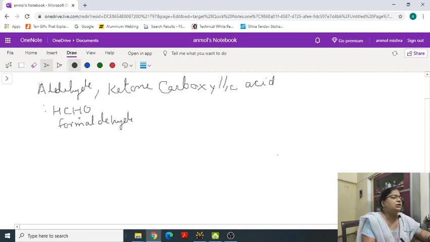Now, the carbon of the functional group is also included in the long chain. So, this is carbon 1. So, for carbon 1, we will write down methane, and e will be eliminated and the suffix -al is used. So, it is called methanal.